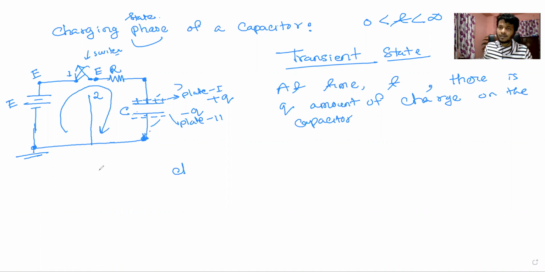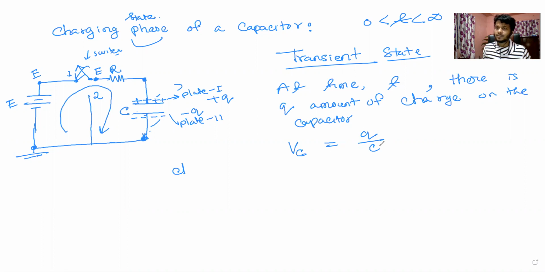Then at time t, what would be the potential across this capacitor? Can you tell me? The equation for it is q by c, isn't it?